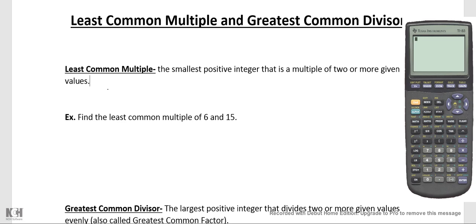So we're just going to jump right into this. Say we wanted to find the least common multiple between the number 6 and the number 15. So I would write here 6 and 15 and just start listing out multiples of 6 until I felt satisfied, then start listing out multiples of 15 and hopefully find one they had in common relatively quickly.